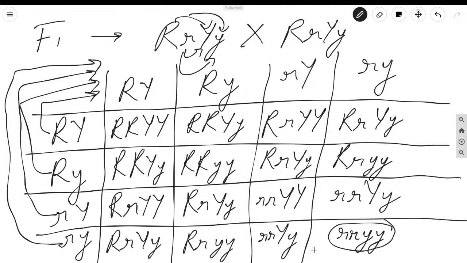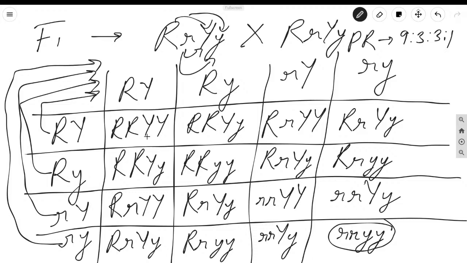Now go for the phenotypic ratio, which will come up to be 9:3:3:1. Just check. 9 will be round and yellow, 3 will be round and green, another 3 will be wrinkled and yellow, and 1 will be wrinkled and green.